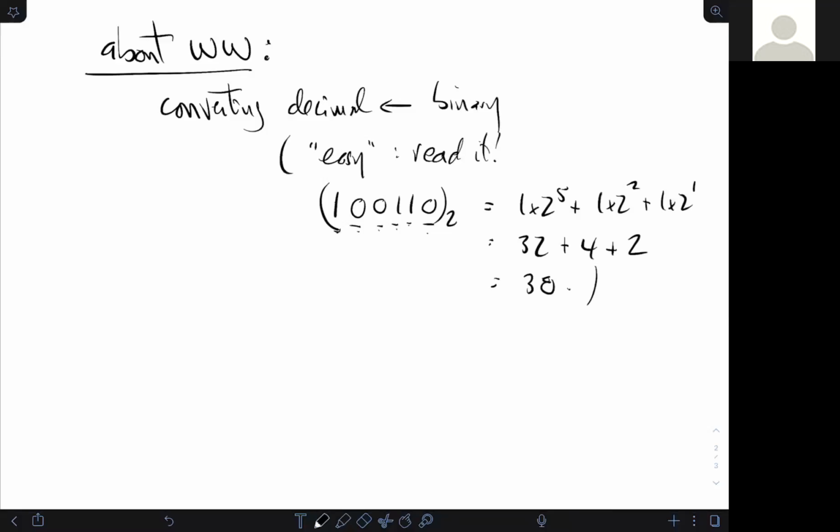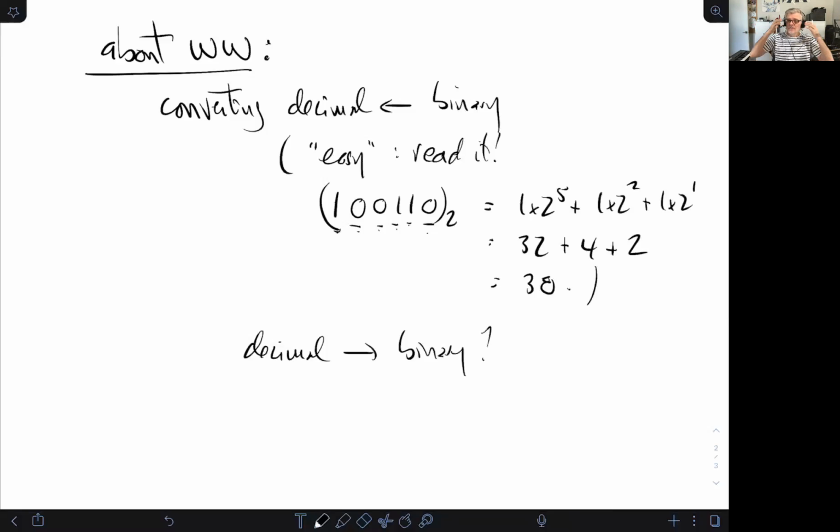The other direction I didn't talk about. If I want to go from decimal to binary, I didn't talk about that, and sorry, brain cramp on my part when I put those into the WebWorks.